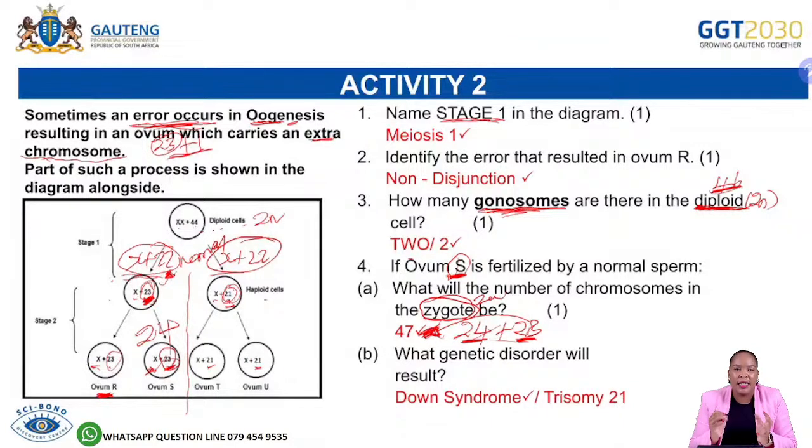You study non-disjunction, which happens at chromosome 21, which is Down syndrome, or trisomy 21. So we'll talk more about that when we do other questions that have those types of separation or non-separation of chromosomes. So I think it was quite a breeze going through this activity, and it shows you what type of questions may be asked in this topic.